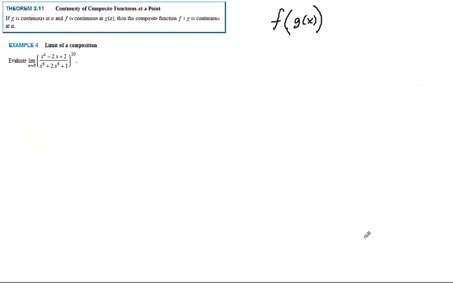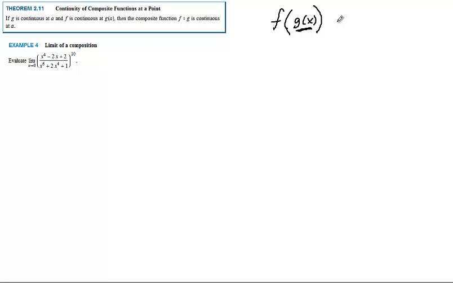The next theorem has us look at the continuity of function composition. So I'm looking at f as my outside function and g as my inside function. And they say if g is continuous at some point a, and f happens to be continuous at g of a, meaning whatever that value is, then the function composition is also continuous.